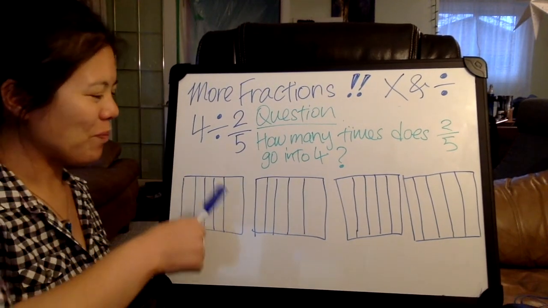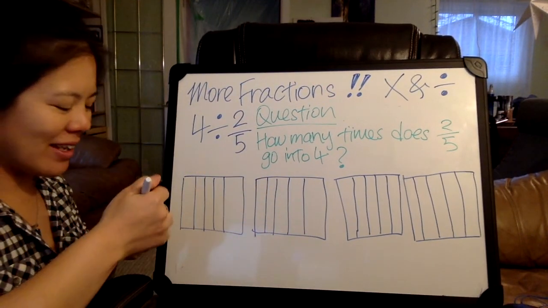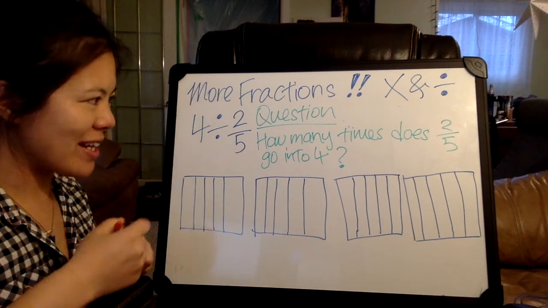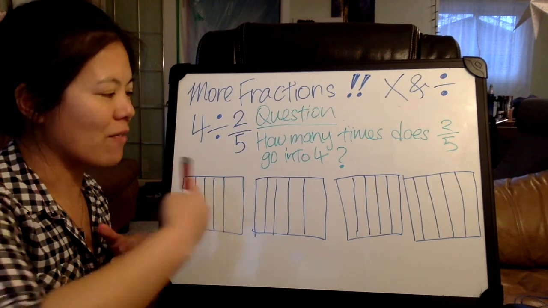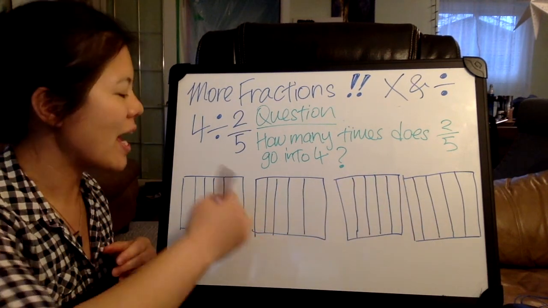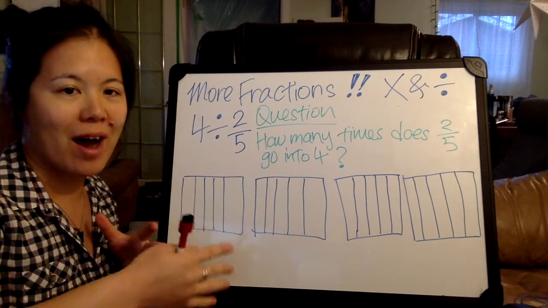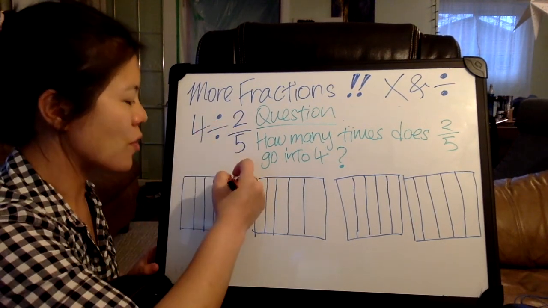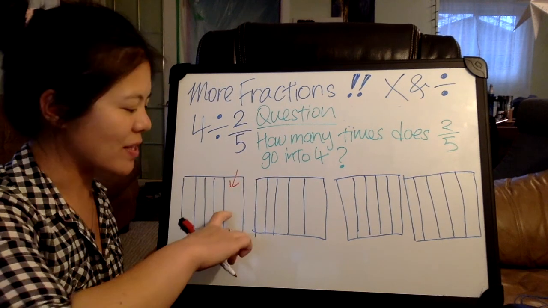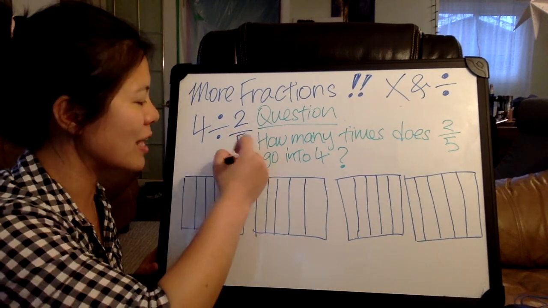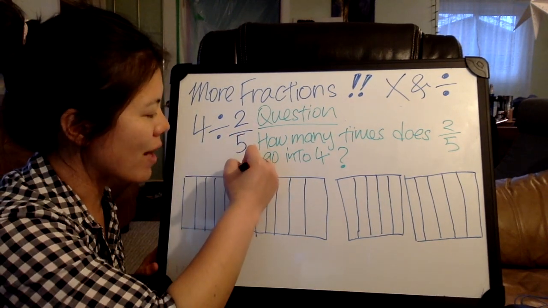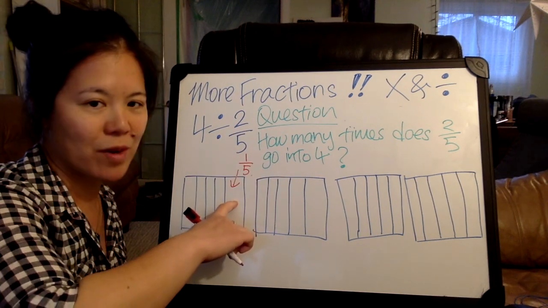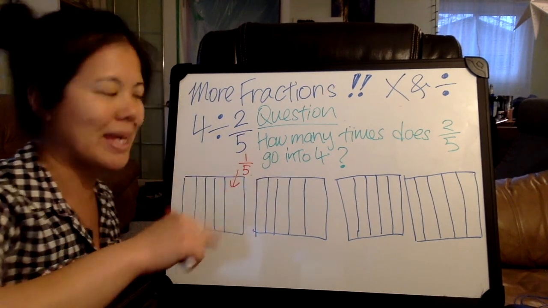As you can see, I just divided all of the holes. I have 4 holes, and I divided them into 5 equal pieces. So if I'm looking at this one little piece, the unit fraction, it's 1/5.